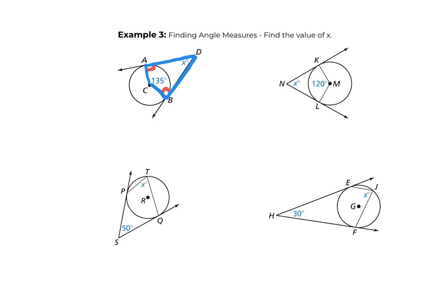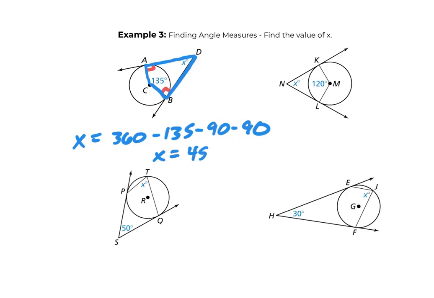Okay. So all I would have to do here is take 360 minus 135 minus 90 minus 90. What's that leave us? 45.